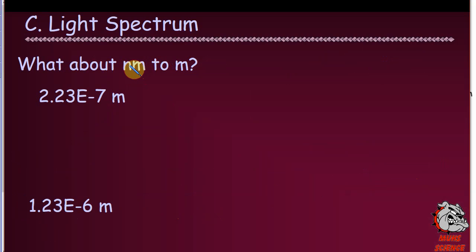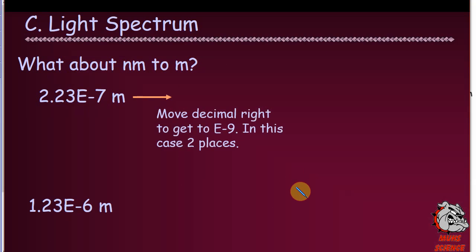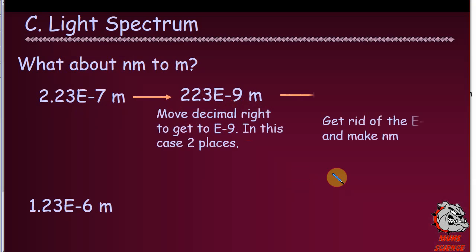Now meters to nanometers, and that's what this should read up here, meters to nanometers, not that way. If it's easy to do, I just try to make this e-number equal to e-9, so I move the decimal to the right to get an e-9. That would be written as 223 times 10 to the minus 9th, and e-9 means nano, so that's 223 nanometers.